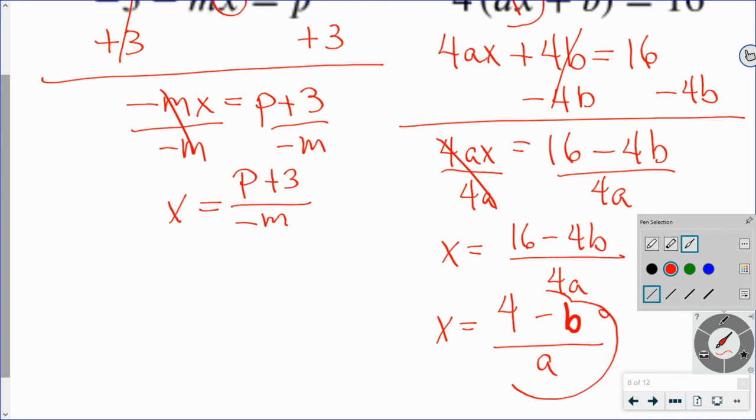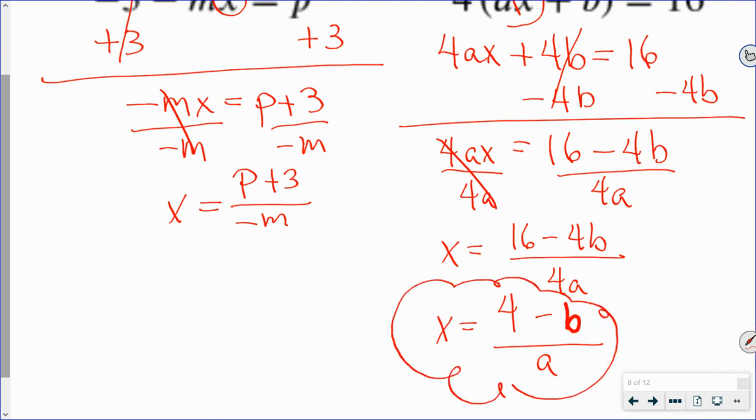That's the answer that is the most simple, the answer I'm looking for. But that's a little tricky for you because you've not dealt with the rationals so much yet. So when I solve it for x, I'll be left with 4 minus b over a. So that's how we solve multivariable equations or linear equations for variables.